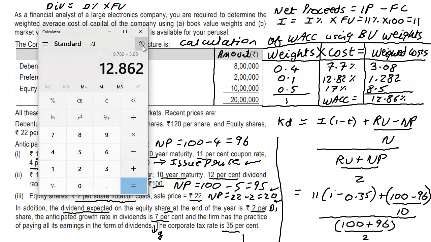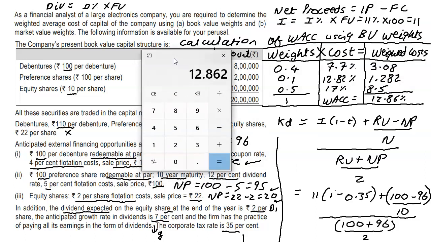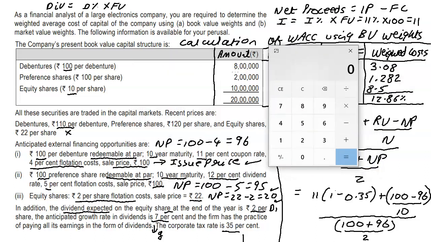Alright, I'm here. We have in the case of debentures 8 lakhs. Okay, so 8 lakhs is a book value amount. Our face value is 100. So 8 lakhs upon 100 multiplied by the market price.